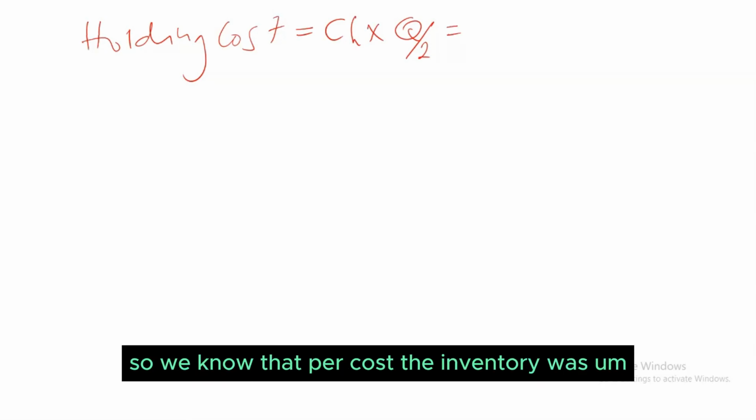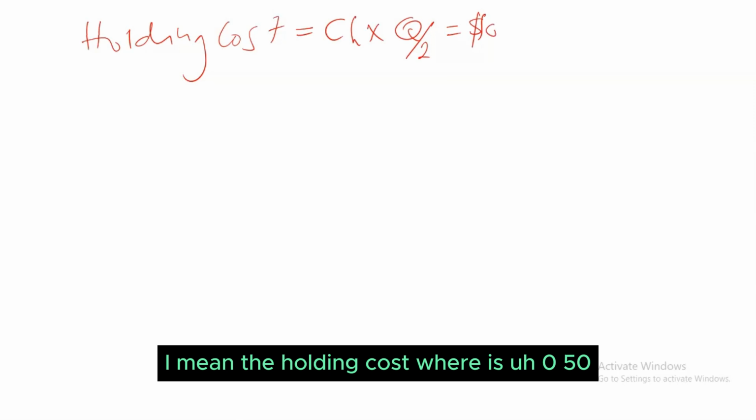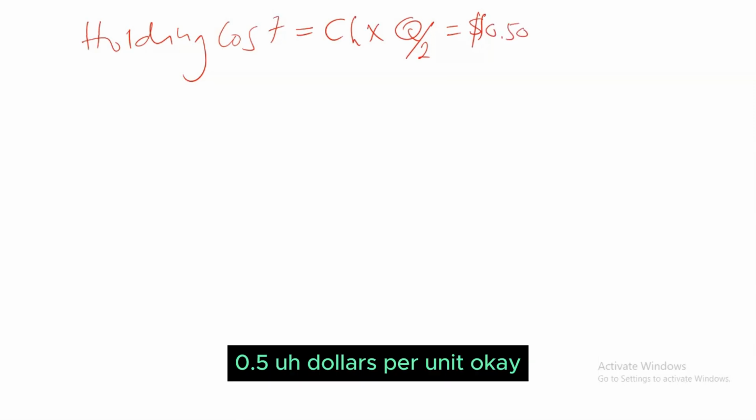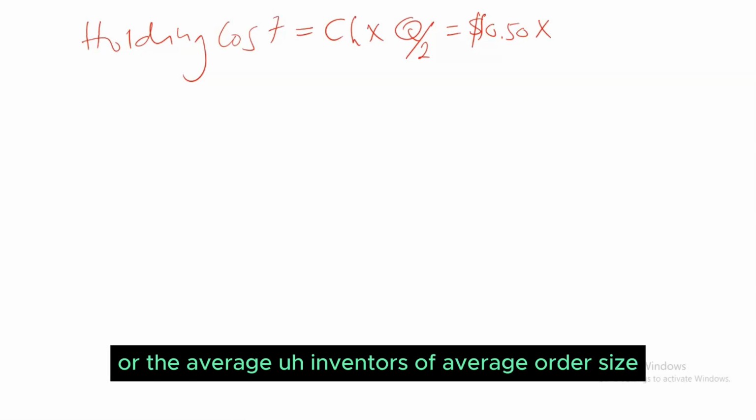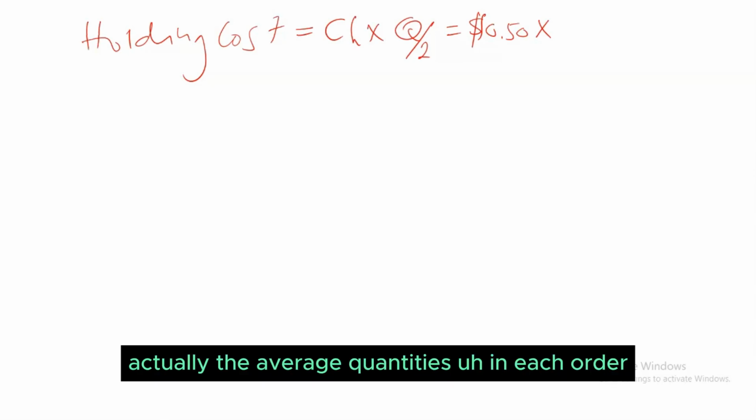So we know that the holding costs were 0.5 dollars per unit, multiplied by the average quantities in each order.